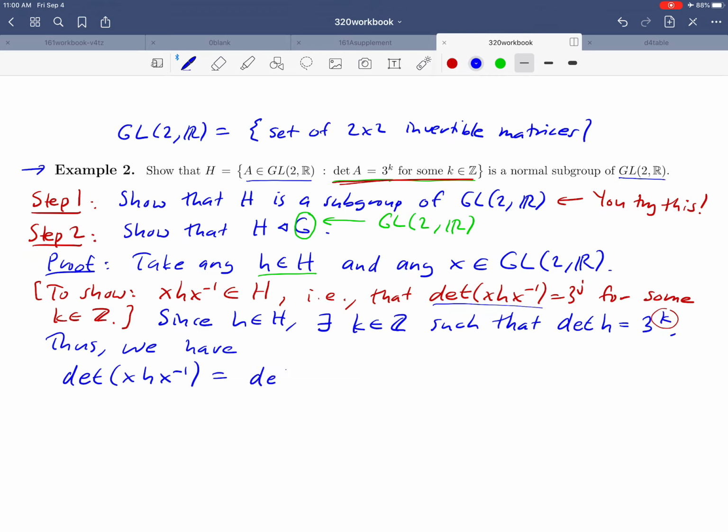So this is equal to the determinant of x times the determinant of h times the determinant of x inverse. And one other property says that when you take the determinant of the inverse of a matrix, it's equal to 1 over the determinant. On that line, I used a bunch of linear algebra facts, and I'm just going to mention that here.